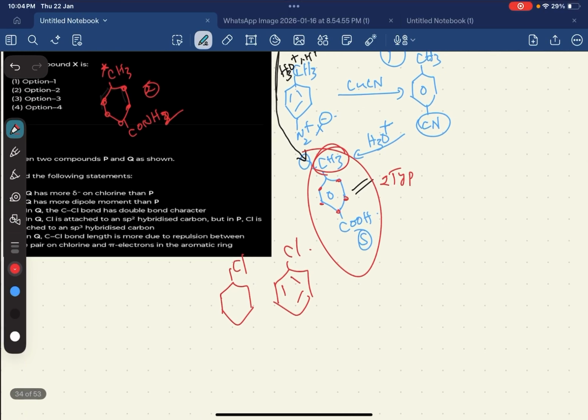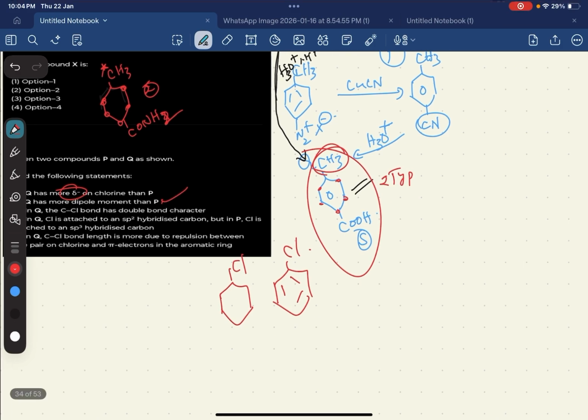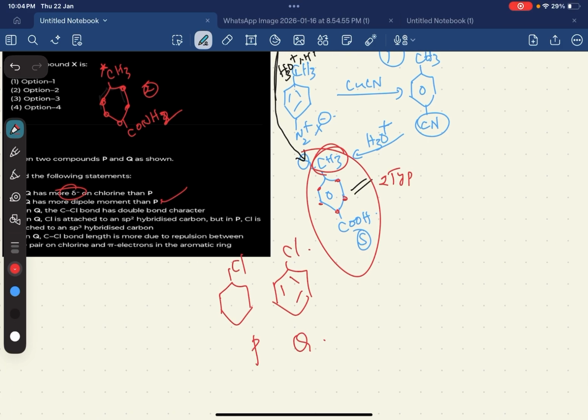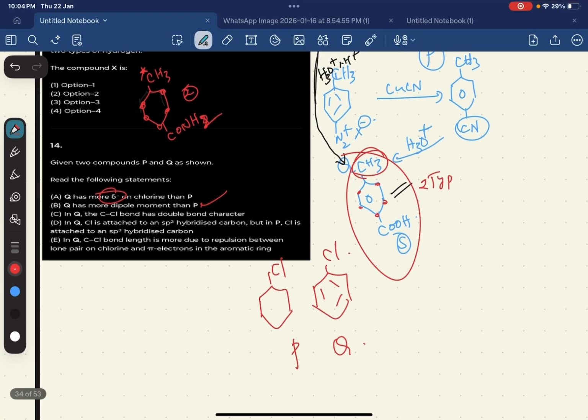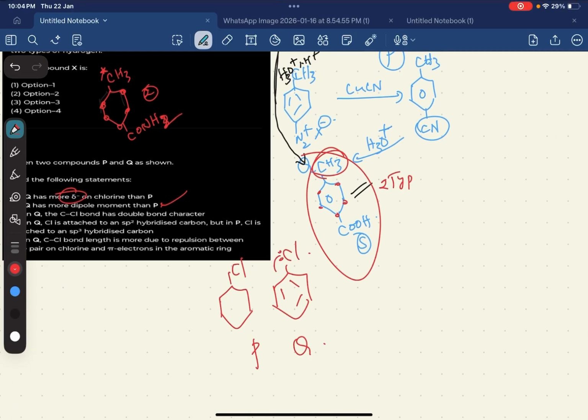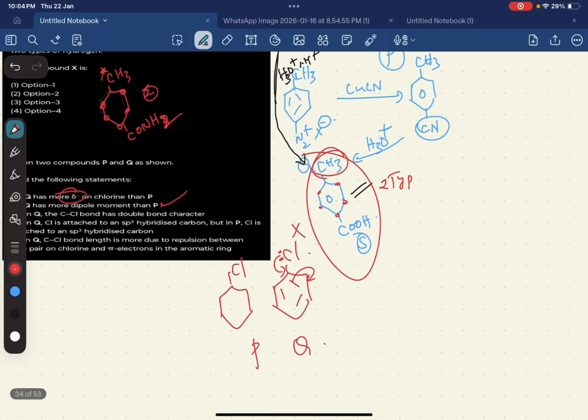This is P, this is Q. Q is having less dipole moment than P because of resonance. Due to resonance, the polarity decreases between C and Cl, so Q doesn't have a more dipole moment value. In Q, the C-Cl bond has double bond character. Yes, that is correct, right?